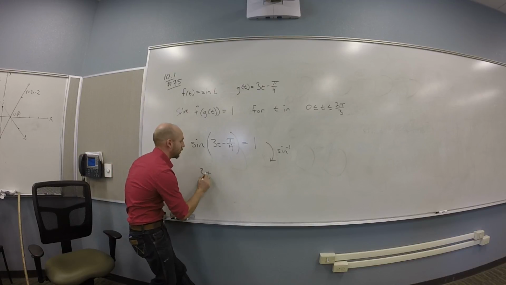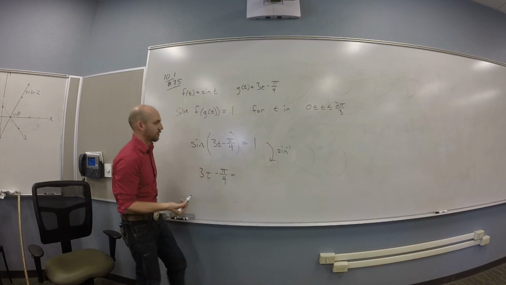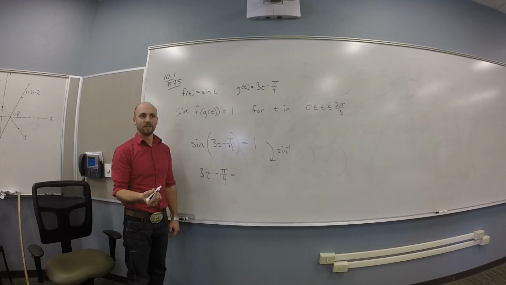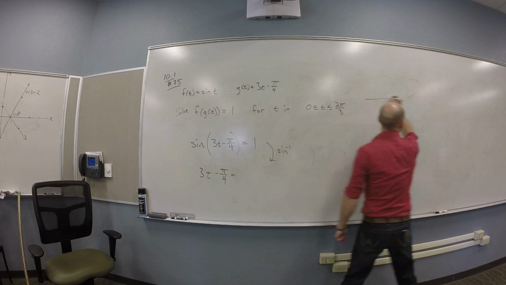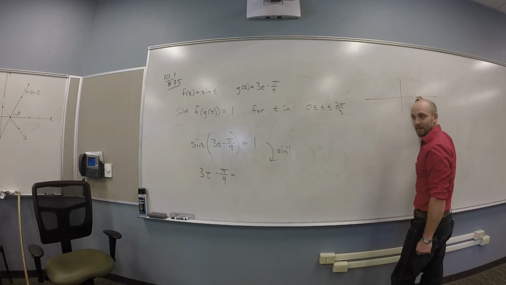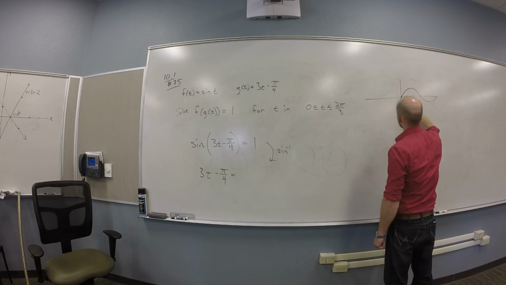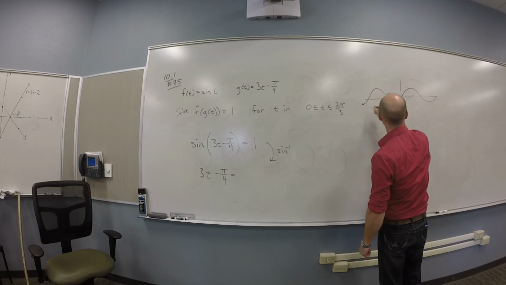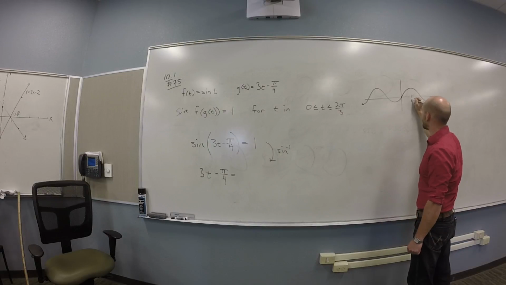That'll get me to 3t minus pi over 4 is, when is sine 1? At pi over 2. See, sine starts at 0 and goes up. So sine looks like this, more or less, with this top being at pi over 2.